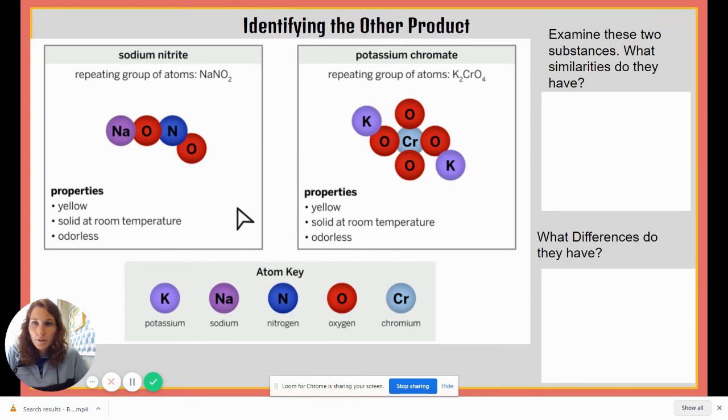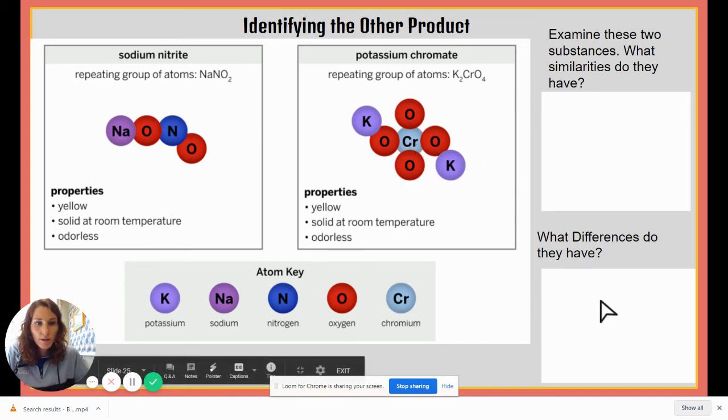Well, I noticed that the sodium nitrite has the sodium atom and a nitrogen atom. The potassium chromate, however, has two potassium atoms and a chromium atom to make up this structure. So those are two distinct different elements, which means they are made of different properties.